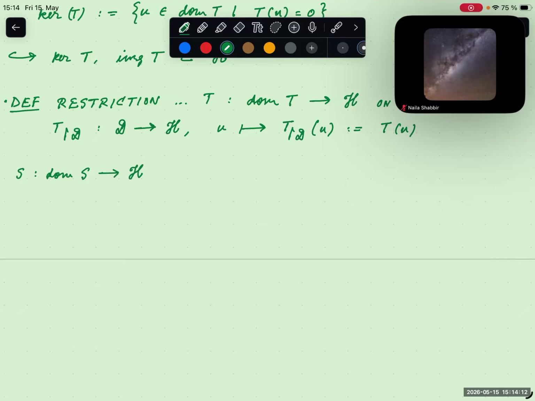Now, when we say S equals T, I use this notation. You can also use whichever you like.